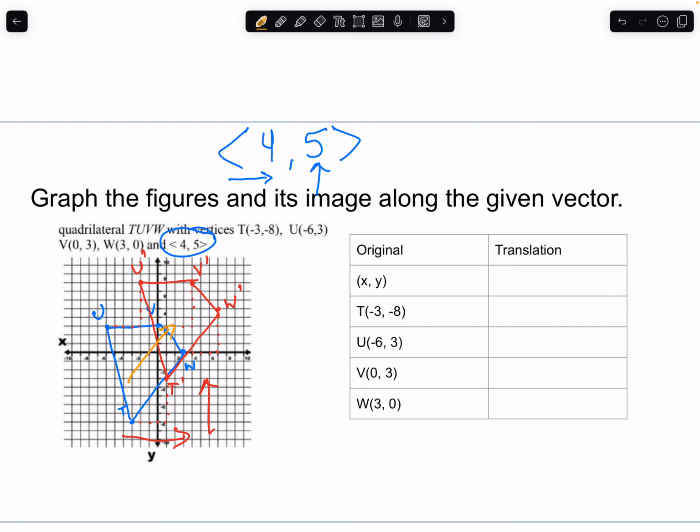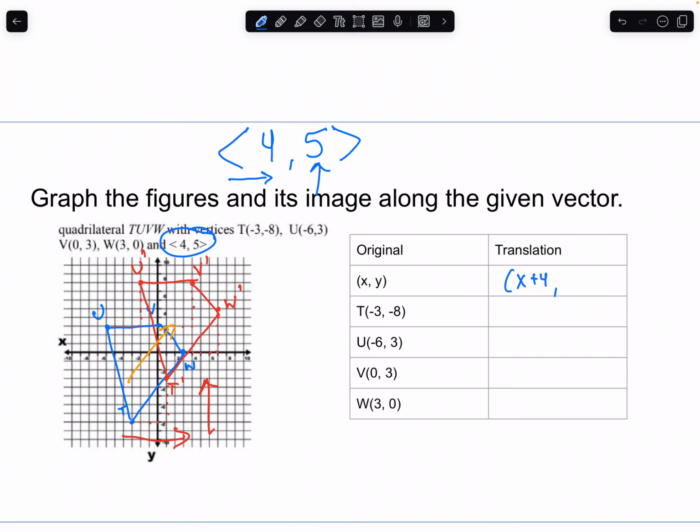This is how we do it graphically. We count the spaces to the right, how many spaces up, and plot the point where it lands. Algebraically, we're going to want to use the fact that it's +4. So we're going to say the x values, we're going to add 4, since +4 moves to the right.